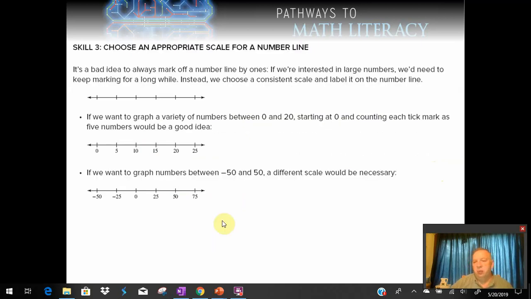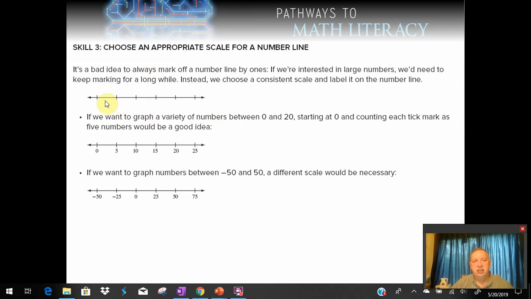So for a number line, we're going to do graphs in a little while. And if we want to do graphs, entering information on number scales, we want to do it according to a scale that is appropriate. So I could start right here with a number line, and I could say, well, let's call this one 0.